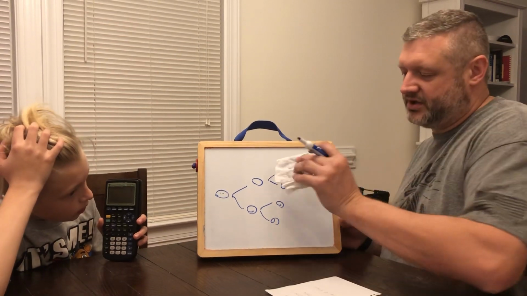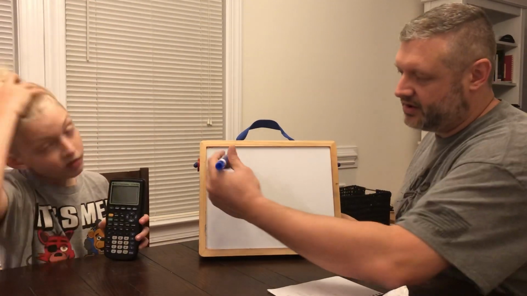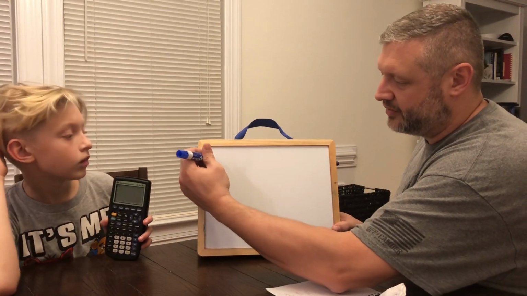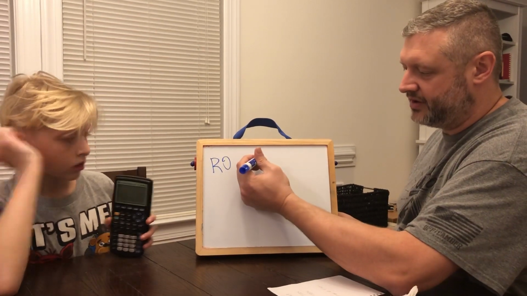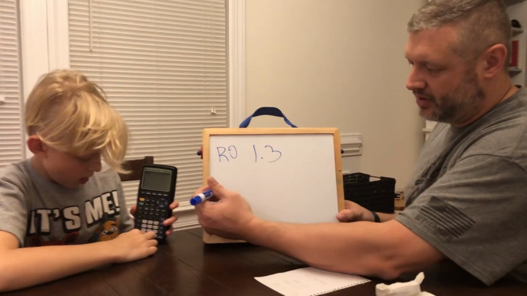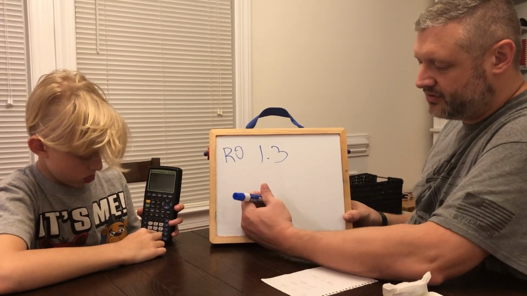So quickly, I want to explain why the coronavirus is more infectious than the flu. The rho for the flu is 1.3. The rho for coronavirus is 2 to 2.5.